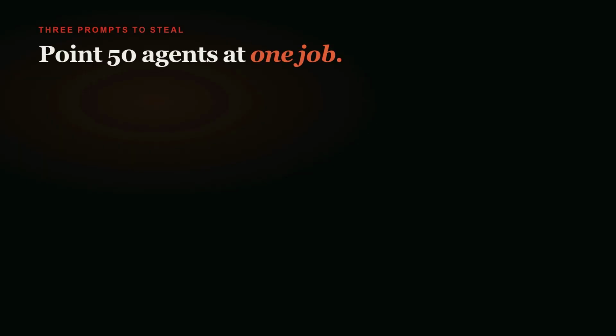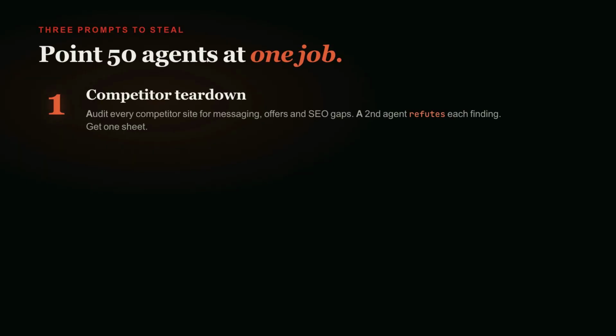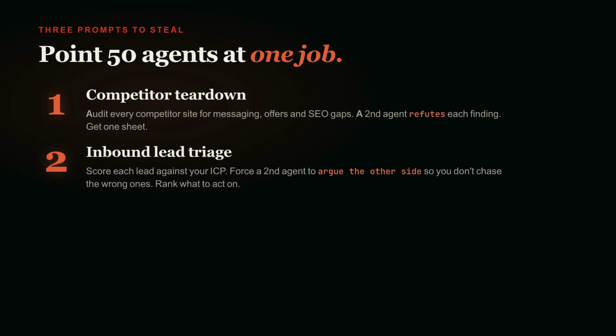If you want to try this yourself, here are three things to steal. First, point it at a list of competitor sites and have it audit messaging, offers, and SEO gaps, with a second agent refuting each finding, and return one competitor sheet. Two, point it at your inbound leads and have it score each one against your ideal customer.